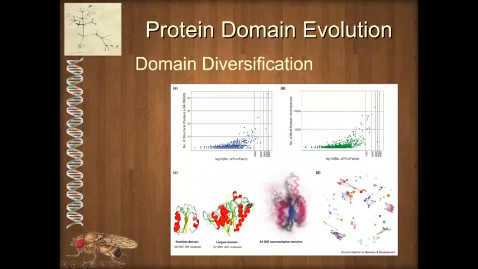Now, one last thing I want to say about this area that is diffuse. Just because it's not completely conserved doesn't mean it doesn't have an important function. But whatever important functions it may have, that function is probably going to be different from one protein to another.